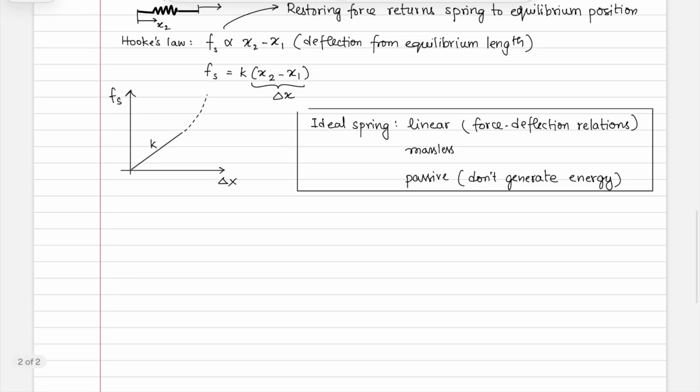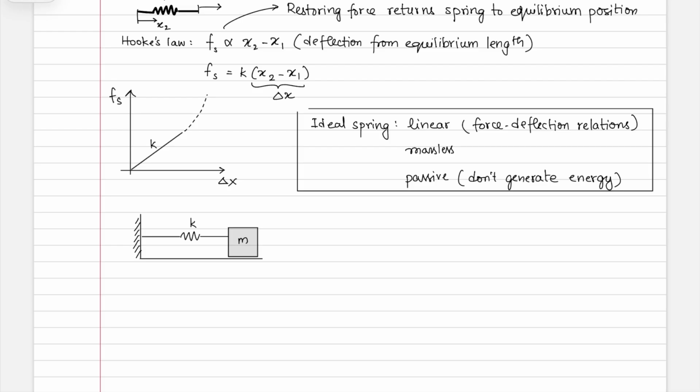Okay, so let's just try to deal with a very simple system where you have a mass m and it's attached by a spring to a wall. Now, if this is a natural resting position, what that means is that there is no deflection in the spring.